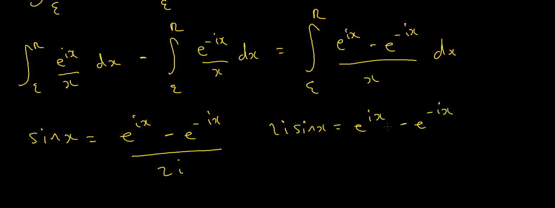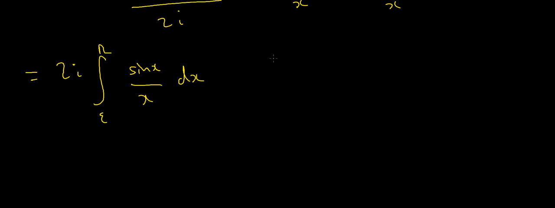And obviously if I divide both sides by x, then I've got my integrand here on the right, so I can replace e to the ix minus e to the negative ix over x with 2i sine x over x. And so that tells me that that whole integral is equal to 2i times the integral from epsilon to r of sine x over x dx.